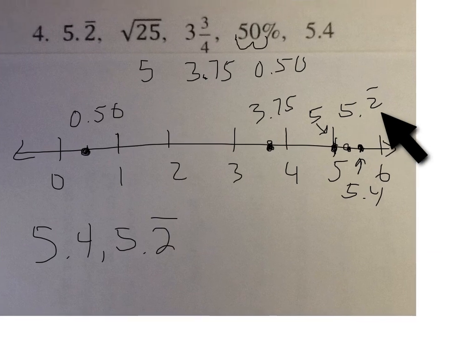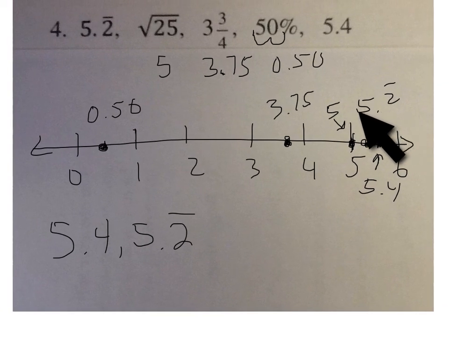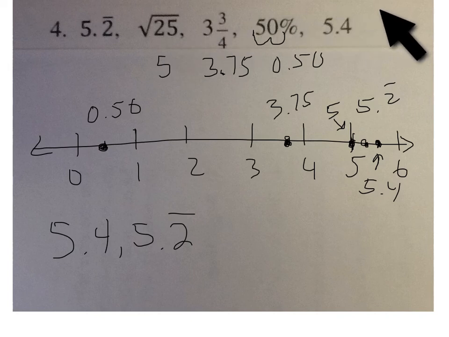Moving down, the next number I have is 5, which was originally the square root of 25, so I'll write that. Moving down the number line further, my next number is 3.75, which was originally 3 3/4. And then my last number that I have is 0.50, which was originally 50%. That's my smallest.